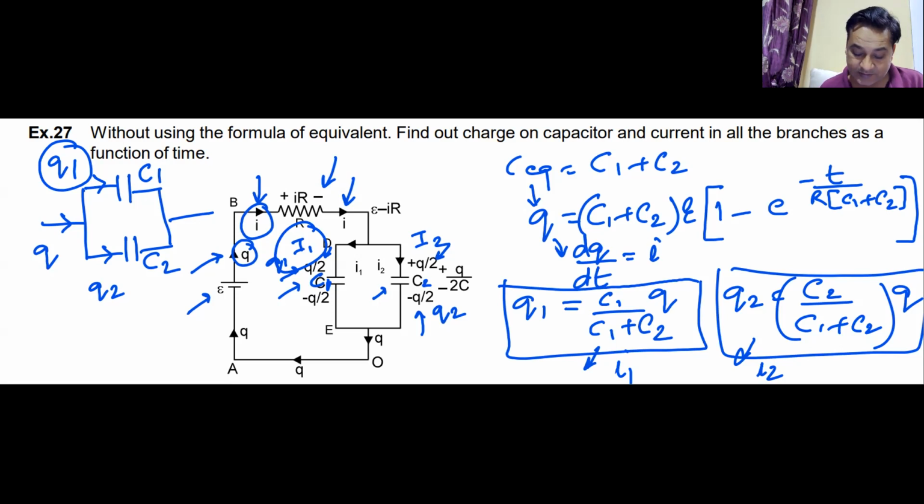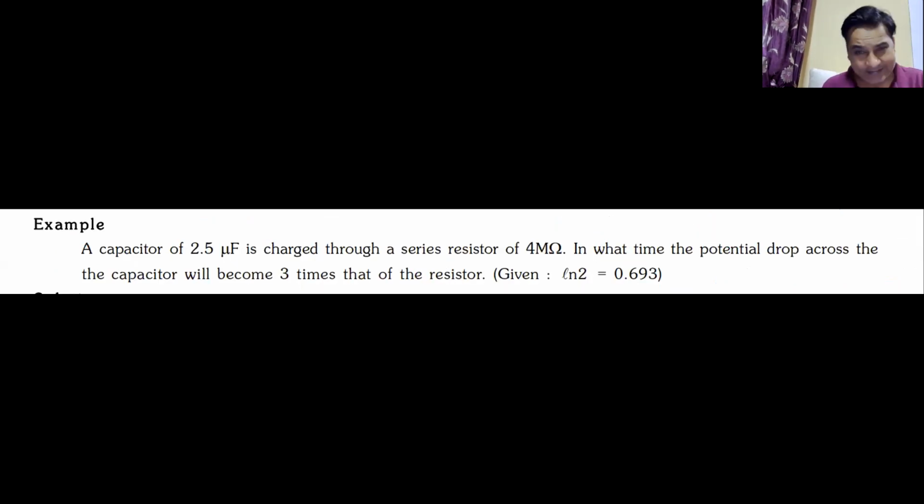Okay. Then I would take you to this question. And remember, these are the type of questions you might find in the JEE. I'll try to cover each and everything, but let us now concentrate on one capacitor rather than moving on to different capacitors. A capacitor of 2.5 microfarad is charged through a series resistor of 4 mega ohms.